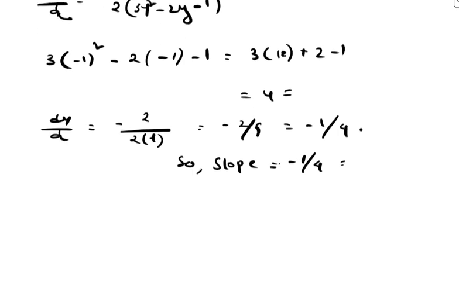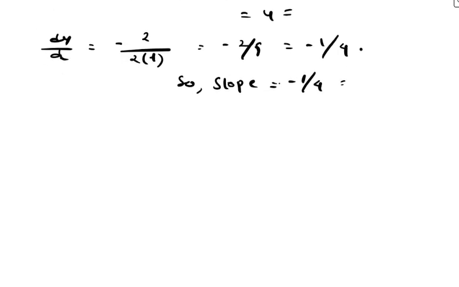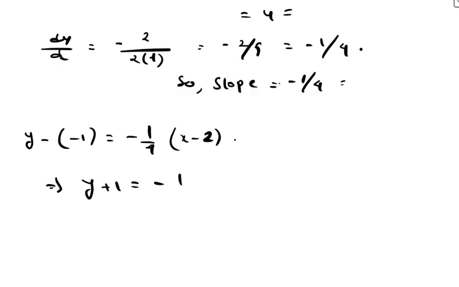So slope is equal to minus 1 by 4. Now point slope form: y minus (minus 1) is equal to minus 1 by 4 into (x minus 2), or y plus 1 is equal to minus 1 by 4 into (x minus 2). Now approximate at x is equal to 1.6.